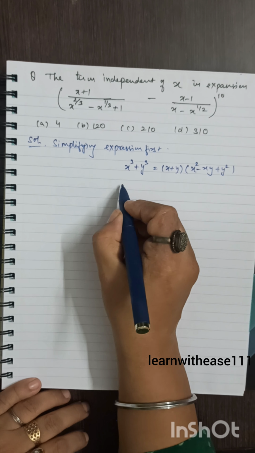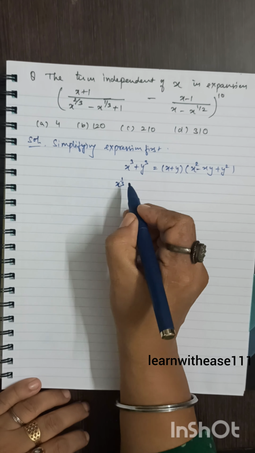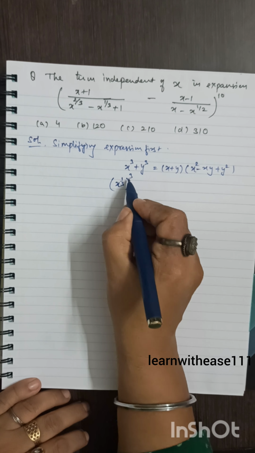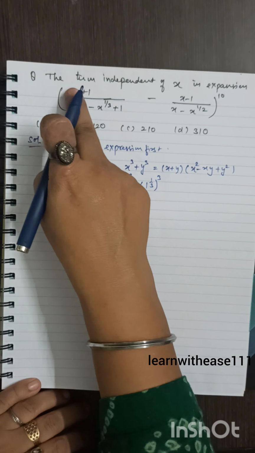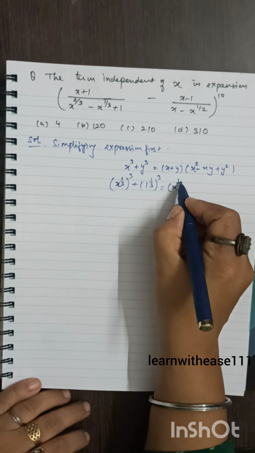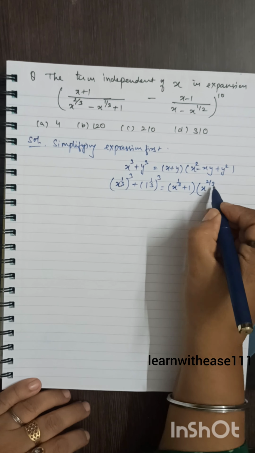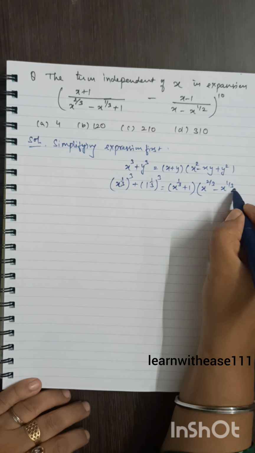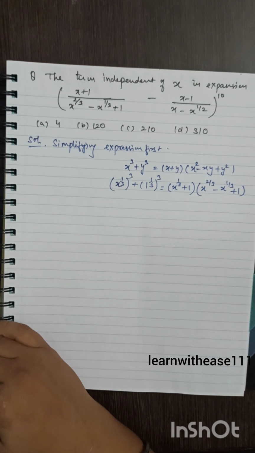So that means the numerator has been adjusted in such a way that they are taking this as (x^(1/3)) cubed plus (1) cubed and expanding in this way. So this is (x^(1/3) + 1)(x^(2/3) - x^(1/3) + 1), so that this term from the numerator will get cancelled out in the denominator.